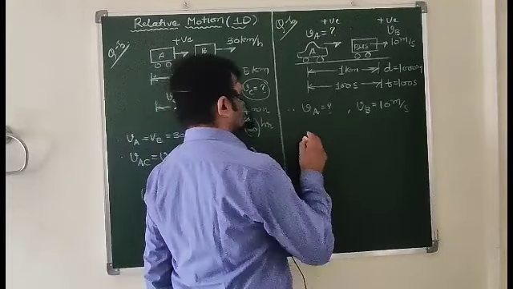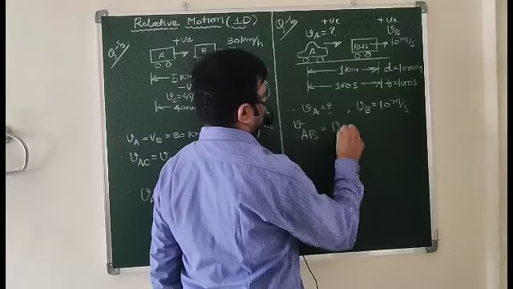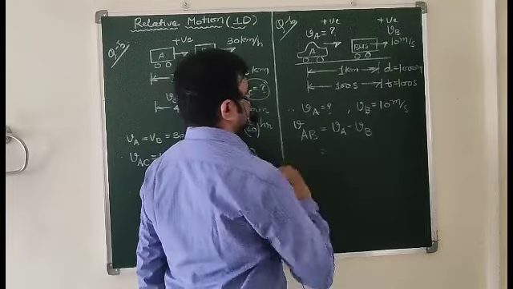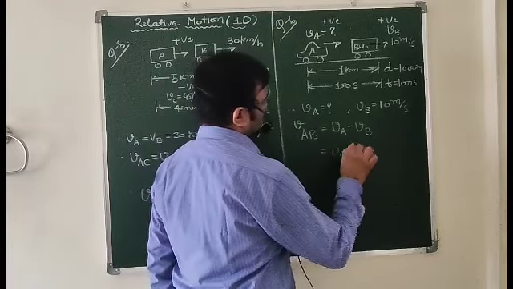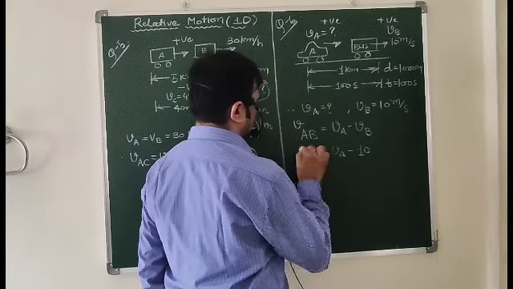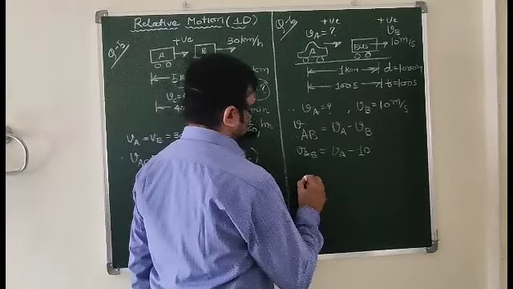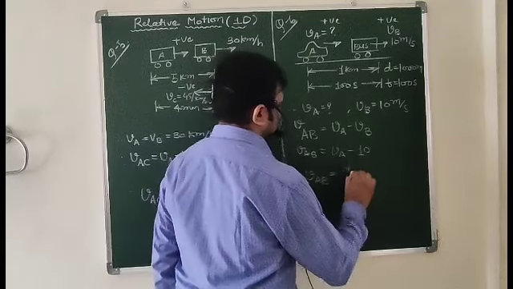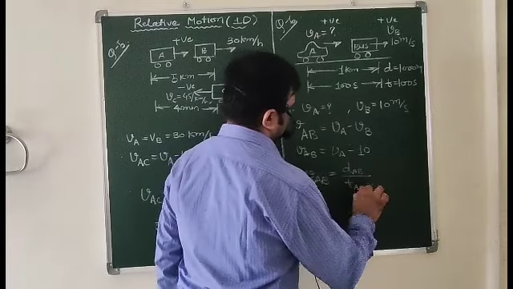So the relative velocity of A with respect to B is VA minus VB. Both are in the positive x direction, so VAB is VA minus 10. Now the relative velocity VAB is equal to the relative distance DAB divided by the relative time TAB.